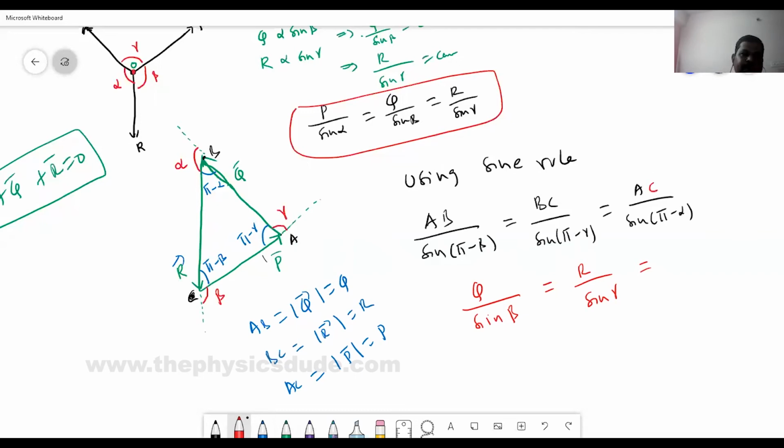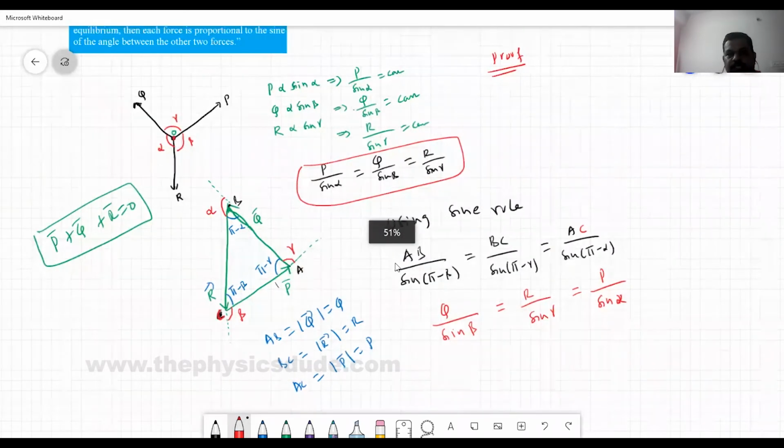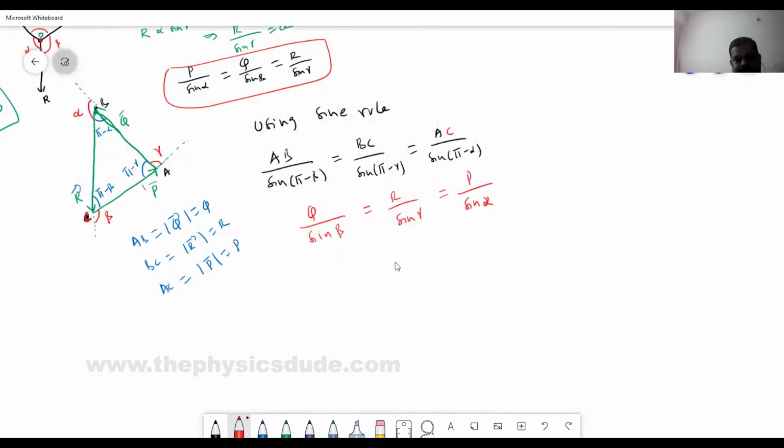AC's value is P, so P upon sine alpha. So that's what I got. I can rearrange this as P upon sine alpha is equal to Q upon sine beta is equal to R upon sine gamma.